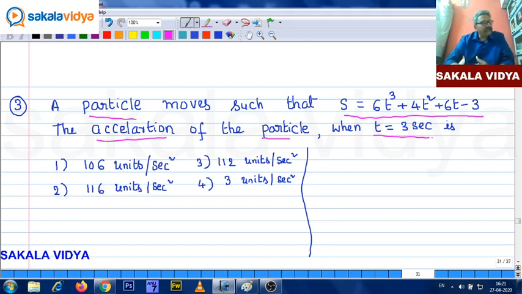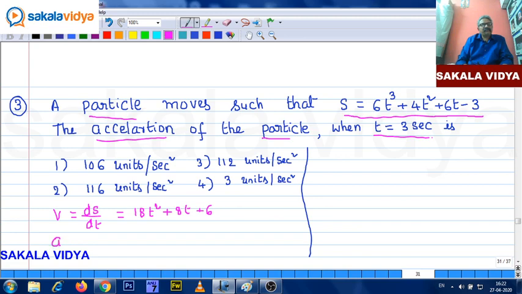Next find dv by dt to get the acceleration, then substitute t is equal to 3. So, ds by dt is the rate of change of displacement, that is the velocity, equals 6t cube differentiation, so 18t square, plus t square differentiation is 2t, that is 8t, plus 6.